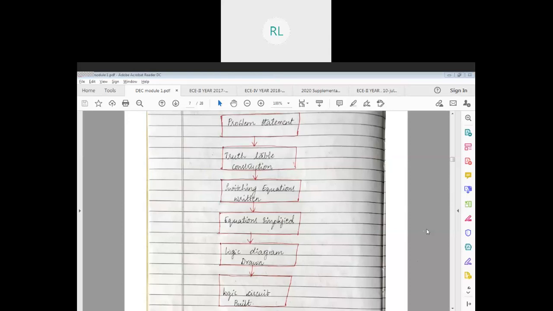Remember, I'll be keeping a quiz based on all this that we have discussed. Quiz 1 very shortly, probably in another 2 days. Quiz 1 will carry 5 marks of your CI, straight 5 marks, and it's going to be based on whatever lectures we have discussed so far.